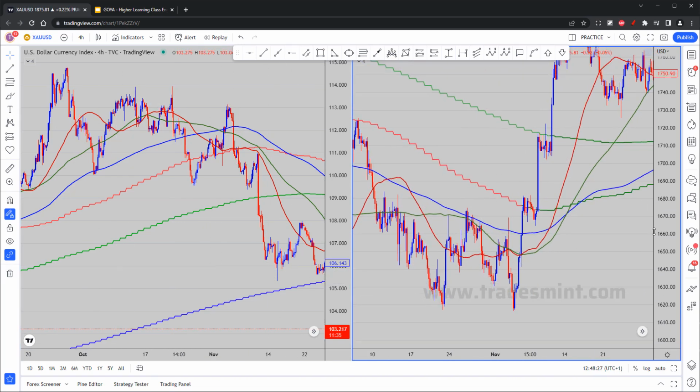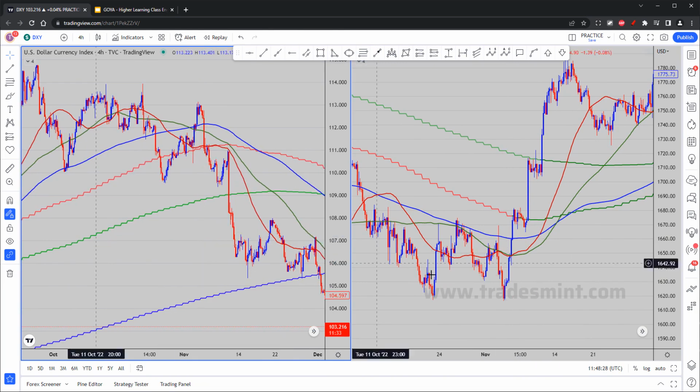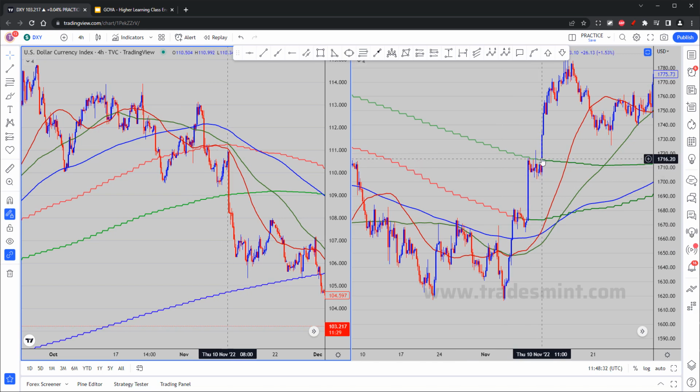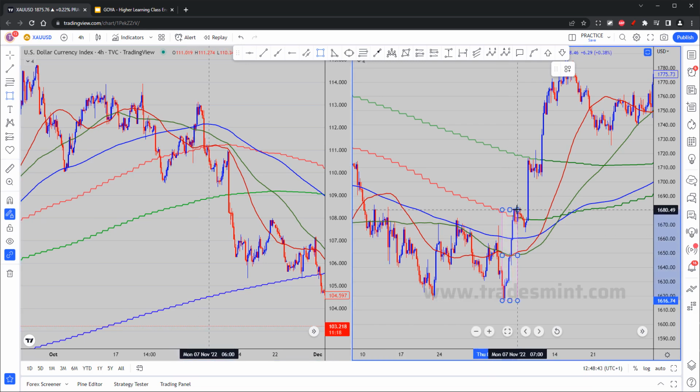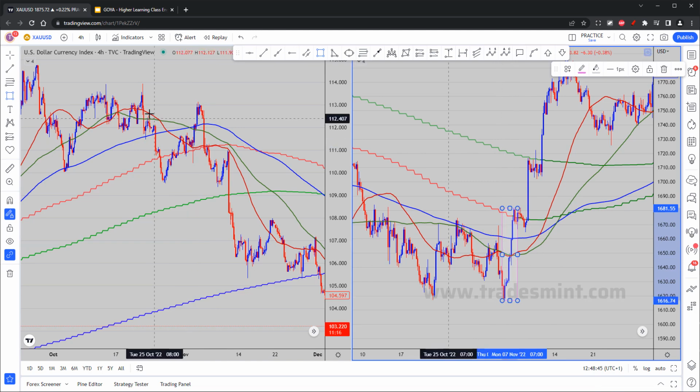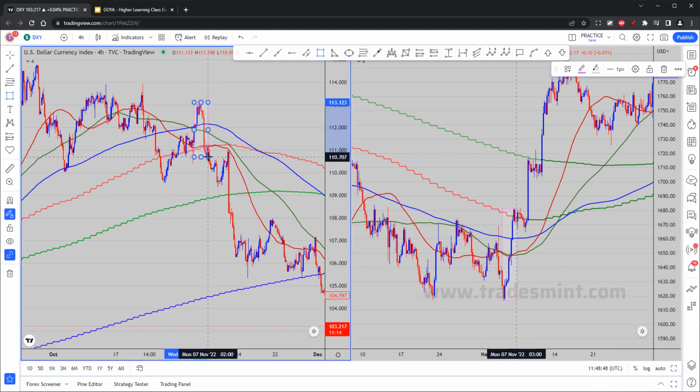So let's say we go a bit further and we see, for example, these movements. Let's go step by step actually. If we're here at the beginning of this bullish movement, from here to here, we're basically pushing down on DXY.